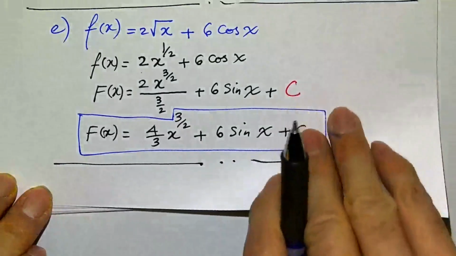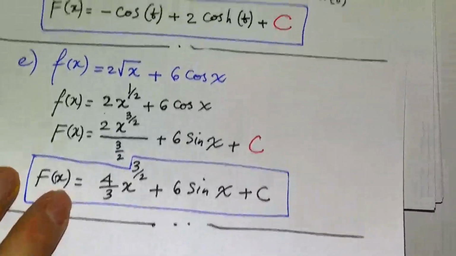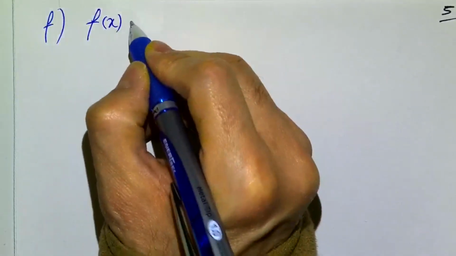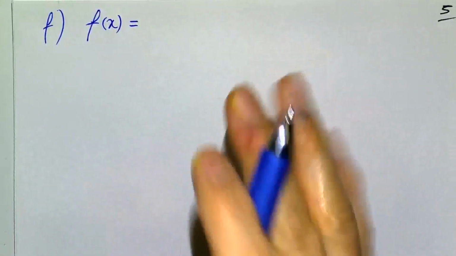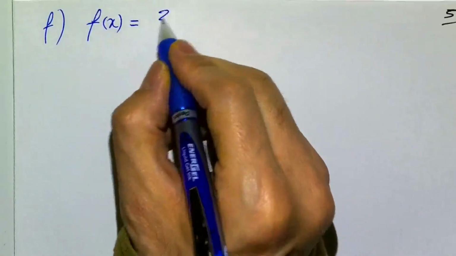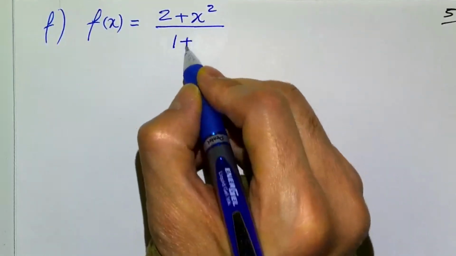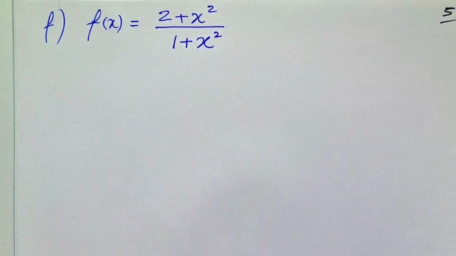Let's do another example. So that one was part E. So this is going to be f, let's say, and we have f of x equals 2 plus x squared divided by 1 plus x squared.